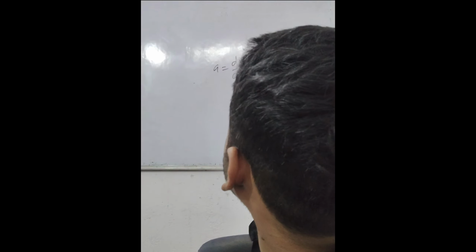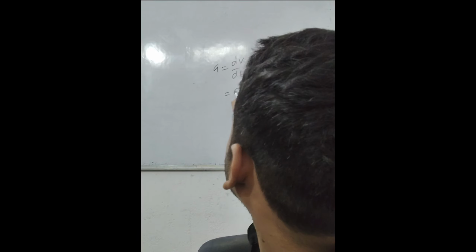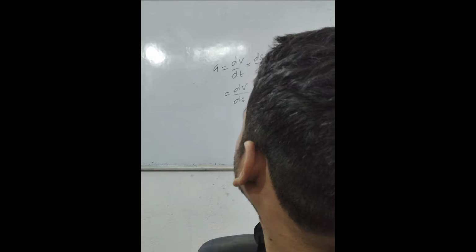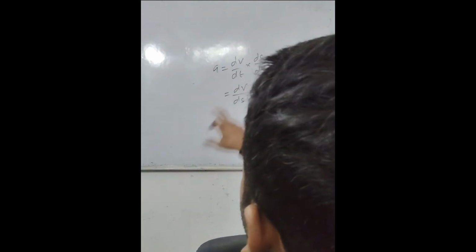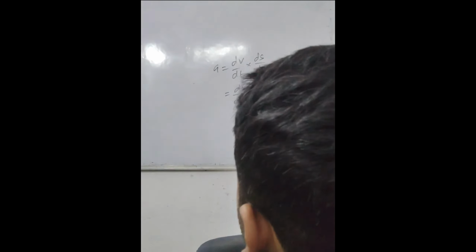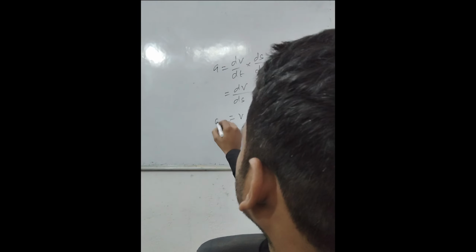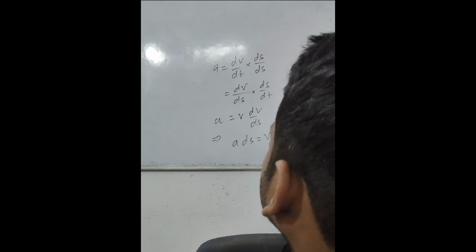If this is multiplied with ds and divided by ds, then we can write it in this form: ds written here and dt written here. ds by dt becomes velocity, and dv by ds is acceleration, and a ds is equal to v dv.